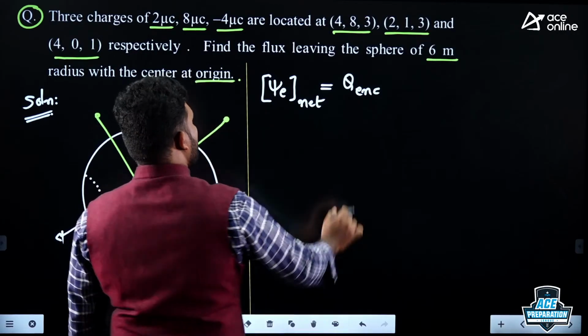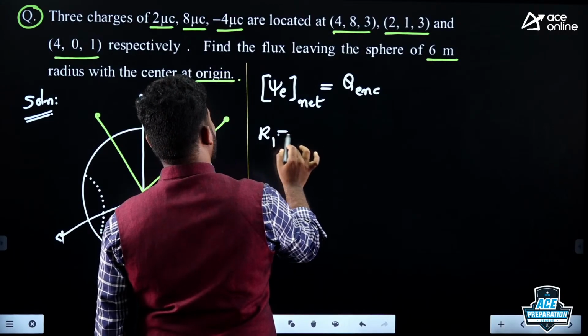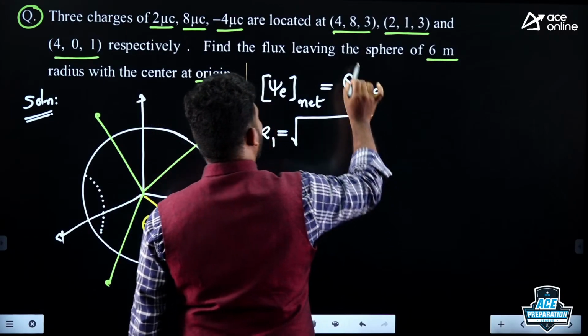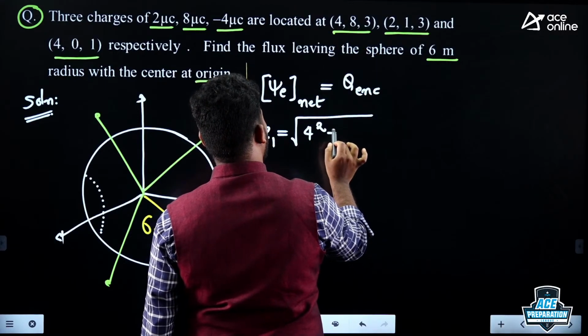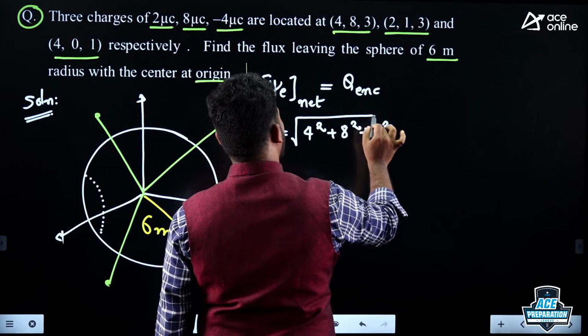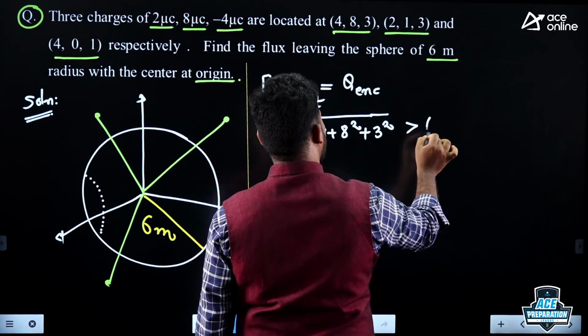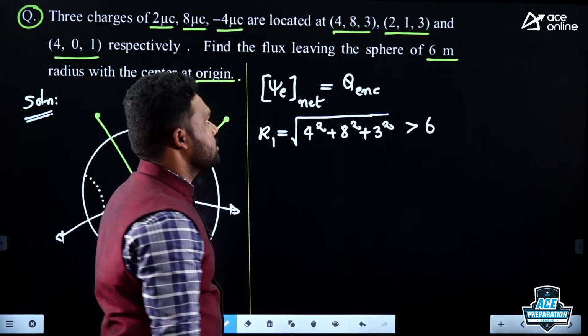Now let us find out the position of the first charge. R1 is equal to, you are finding the distance with respect to the origin, square root of (4 minus 0) squared plus (8 minus 0) squared plus (3 minus 0) squared. So obviously this is greater than 6. So you need to discard this charge. This charge is outside the sphere.